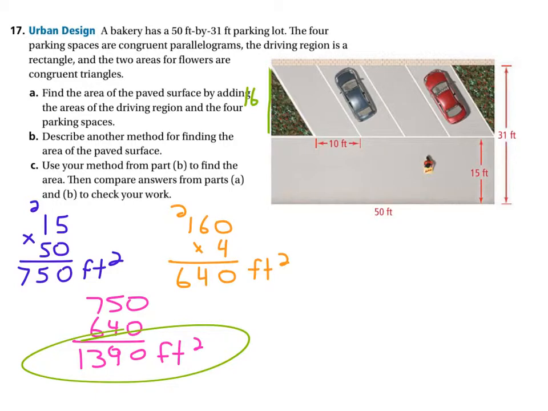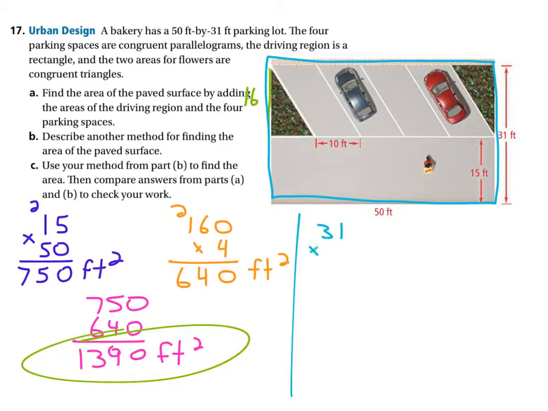What we would be able to do in this, and I'm just going to draw a line here. Just give me a second, sorry. Draw that line to separate it. And then what I'm going to do is say, what would be the entire area of this whole thing? Well, that would be 31 by 50.